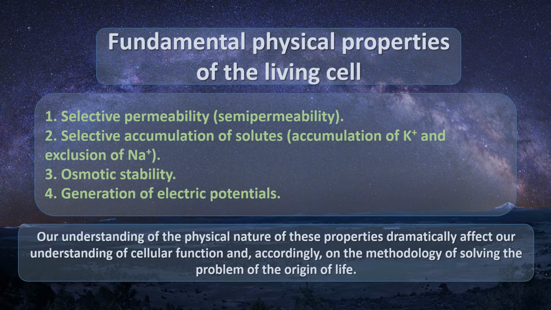And finally, the fourth property is the ability of the cell to generate electric potentials. Our understanding of the physical nature of these properties dramatically affects our understanding of cellular function and our ideas about how life could have arisen.